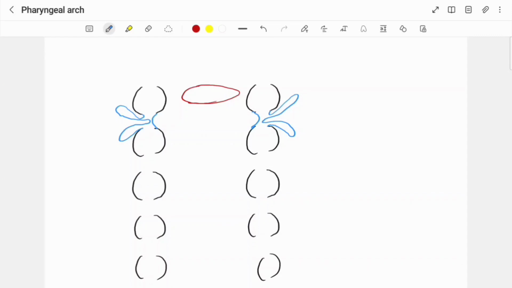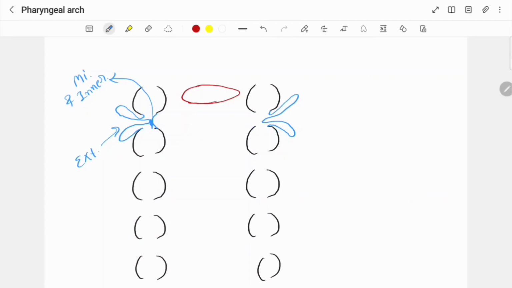With the development process, these will come near to each other, and at some point they will attach with each other and form a structure. What structures will form from here? The inner pouch area will give rise to the middle ear and inner ear, and your cleft invagination will give rise to the external ear.